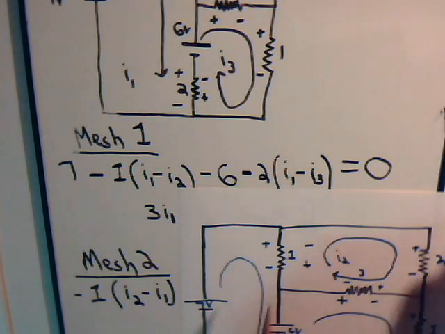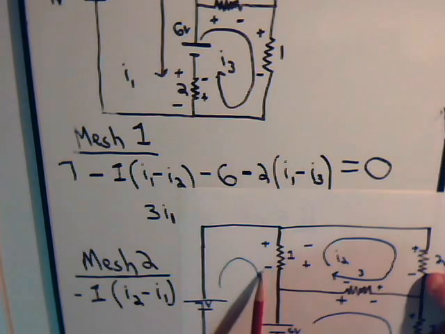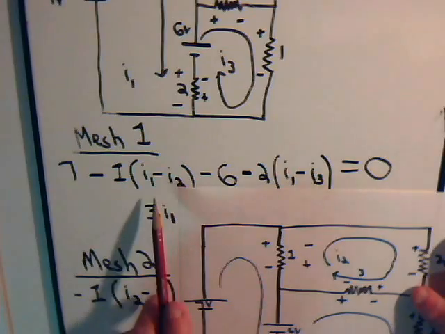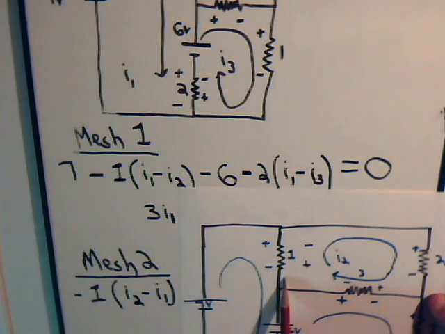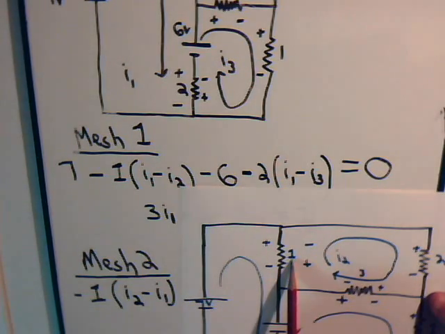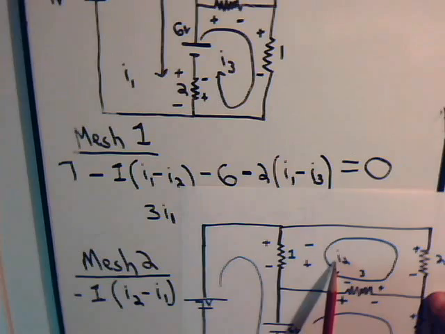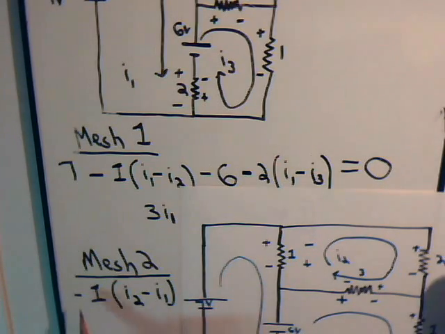When we were in this mesh here, we were looking at current I1, we considered it to be I1 minus I2. Now here, we're looking at this current going across the resistor. Here we consider it as the value of the resistor times I2 minus I1, with a negative sign before it because it's going across that voltage drop.